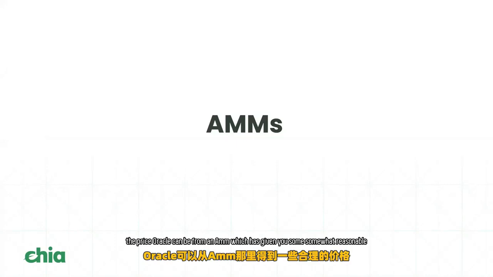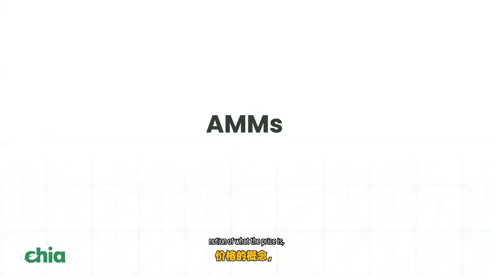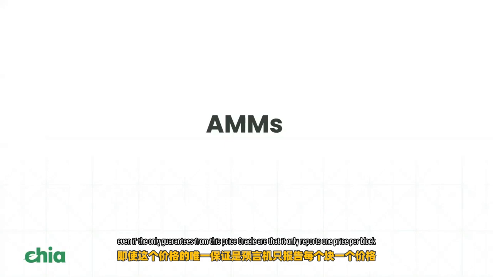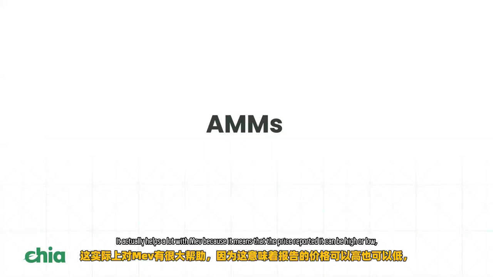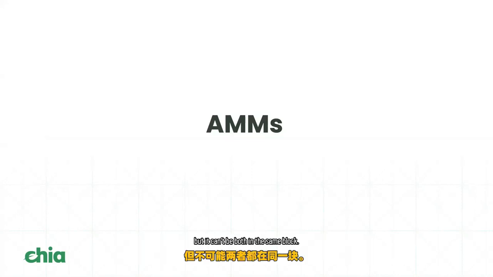The price oracle can be from an AMM, which gives you some reasonable notion of what the price is. But even if the only guarantees from this price oracle are that it only reports one price per block and that other people are also using it, it helps a lot with MEV, because the reported price can be high or low, but it can't be both in the same block.